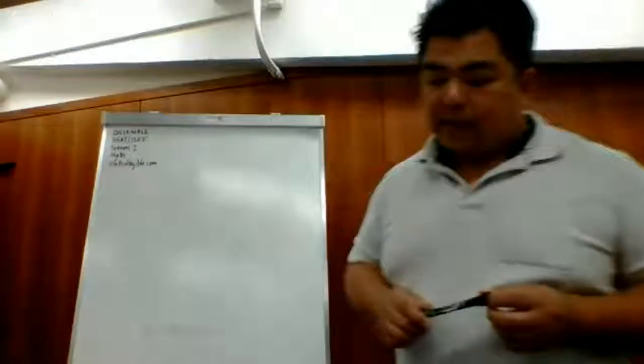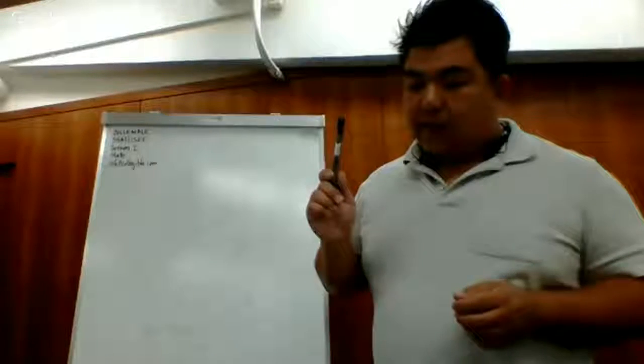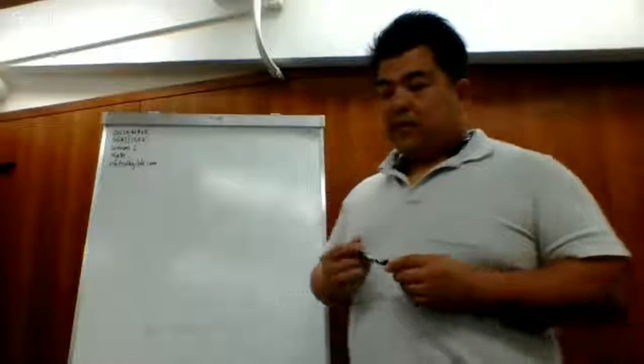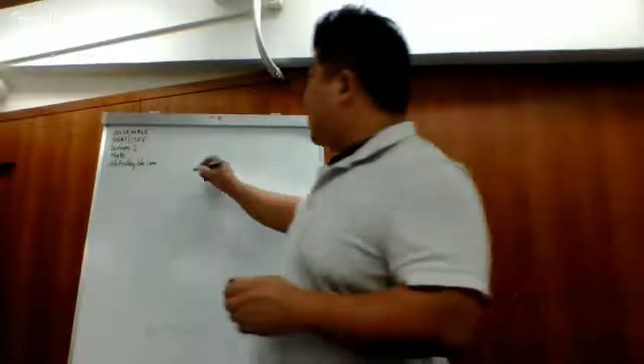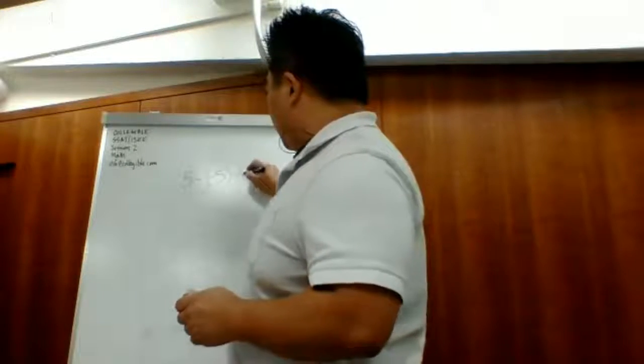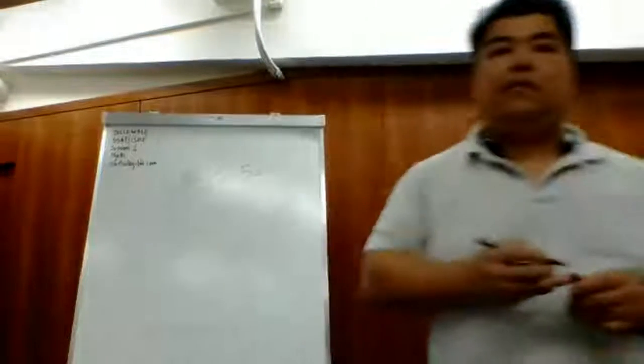Let's do a couple of these problems here. Let's go with number 6. Let's have Megan read this one, number 6. 5 minus negative 5 minus... And what happens here?